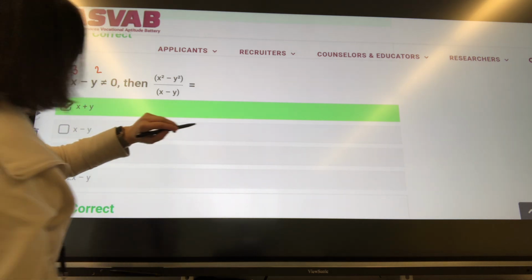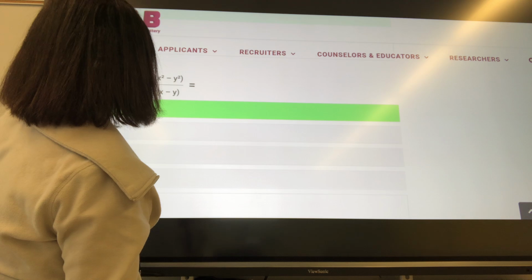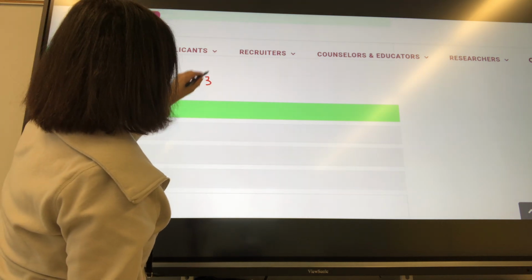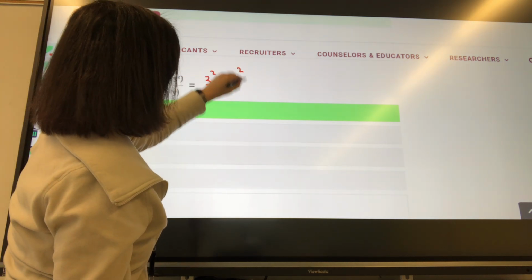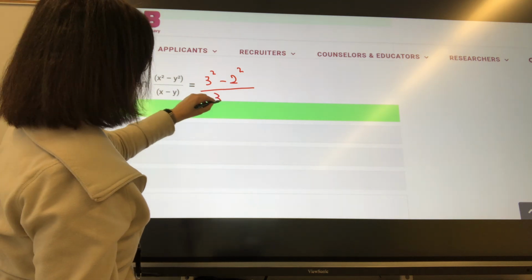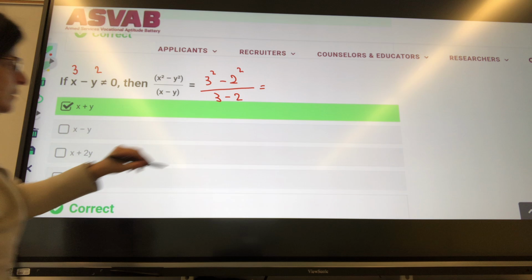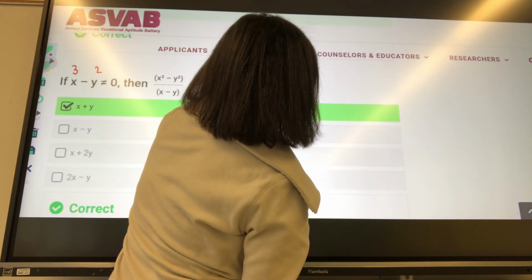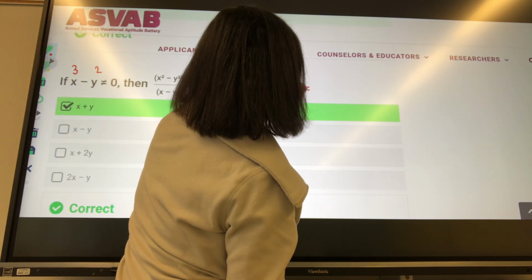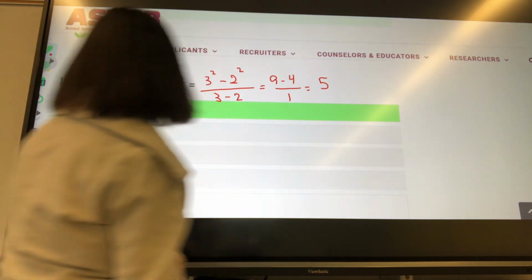If I evaluate here, 3 squared minus 2 squared over 3 minus 2 would be 9 minus 4 over 1, which would give me 5 over 1, or simply 5.